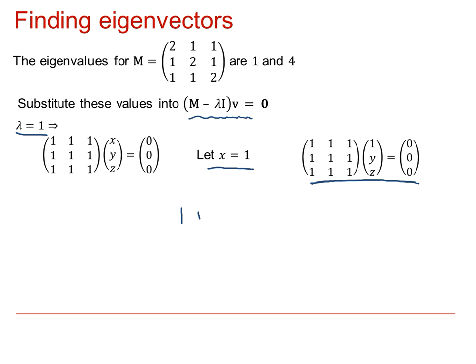They all give 1 plus y plus z is equal to 0. So here we can say, let's look at when y is equal to 1, and therefore z would be equal to negative 2. So the eigenvector here is 1, 1, negative 2.